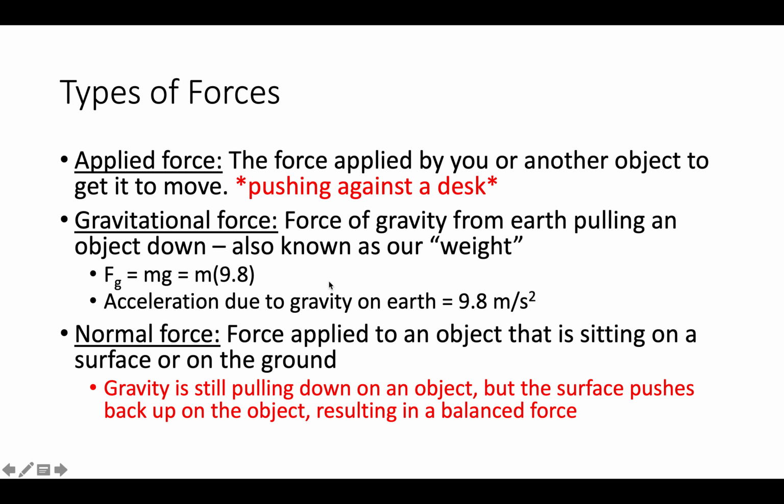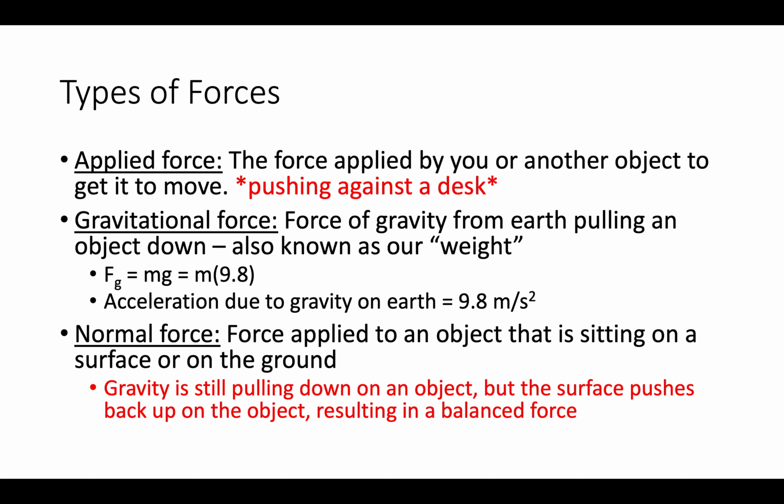There's the normal force. So this is the force applied to an object when it is sitting on a surface or on the ground. So even though it's sitting on a surface, gravity is still pulling down on it. But the surface is pushing back up on the object, causing the object to not move because the forces are balanced.